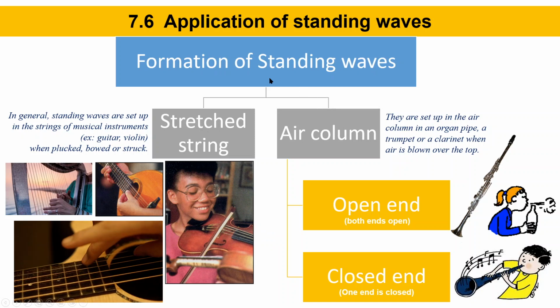Then you can hear very beautiful musical sound from the violin, from the guitar, from the harps. Based on different lengths, you can hear different notes or different sounds. On the guitar, it is based on different thickness.